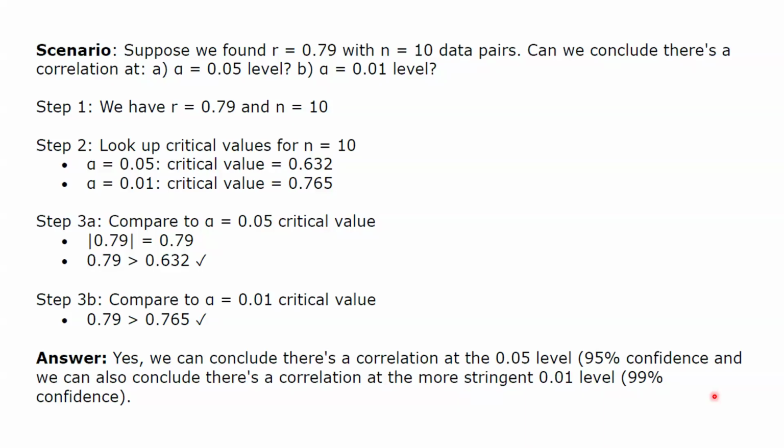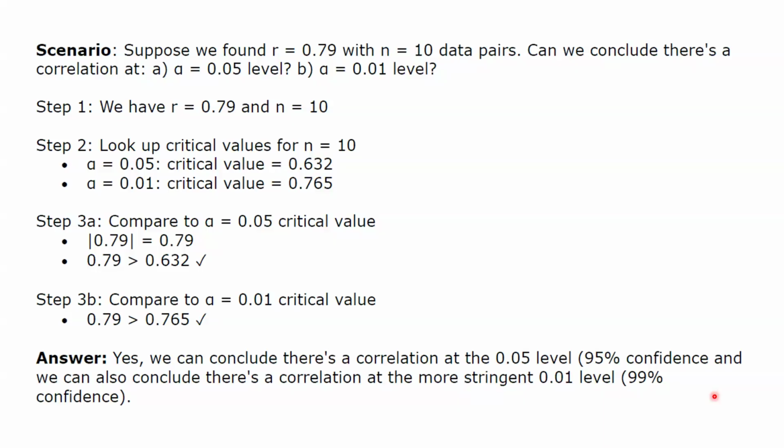And the fourth thing I would say is just because a correlation is statistically significant doesn't necessarily mean it's strong. A weak correlation could still be statistically significant if your sample size is large enough.